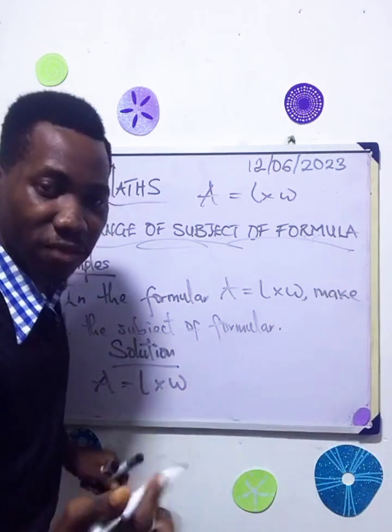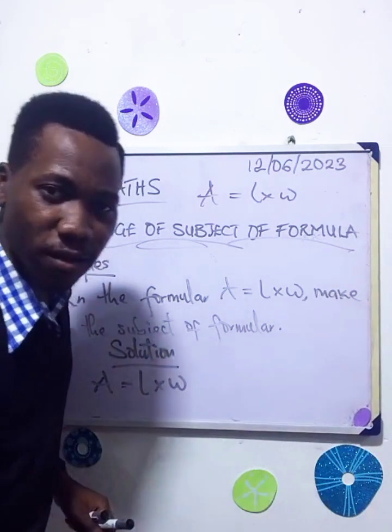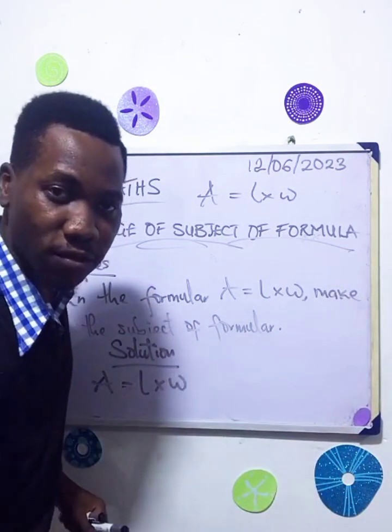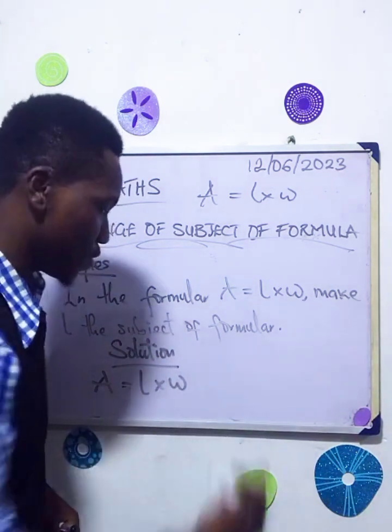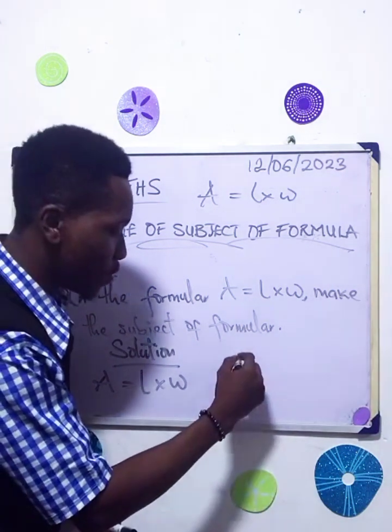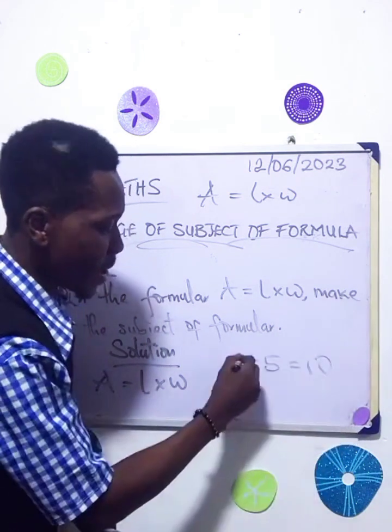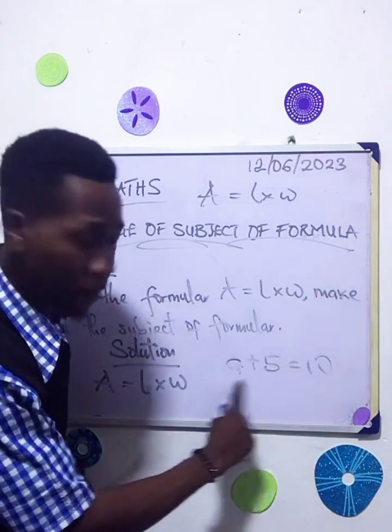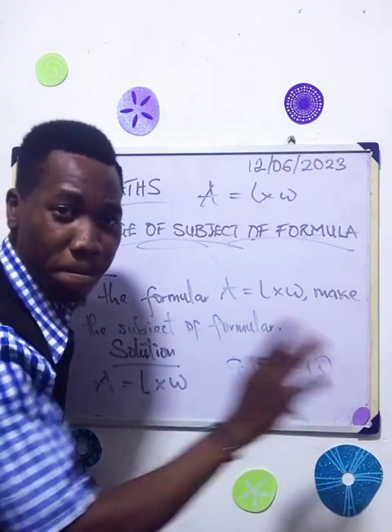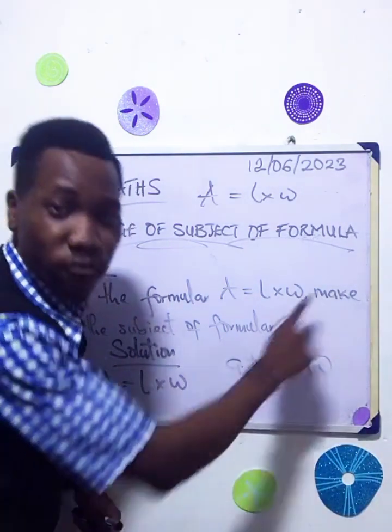Now, I have talked about inverse operations or reverse operations. In algebra, I told us that if you have A plus 5 equals 10, and you want to solve for the value of A, that plus 5 will go there.